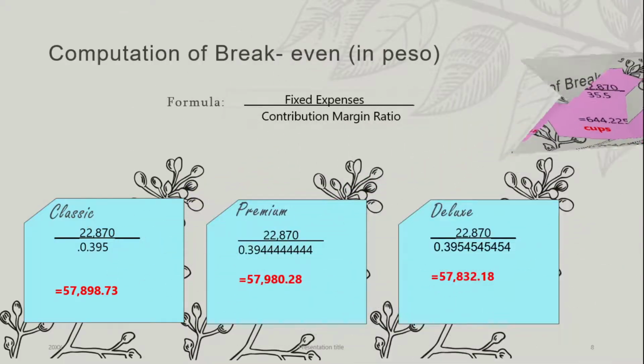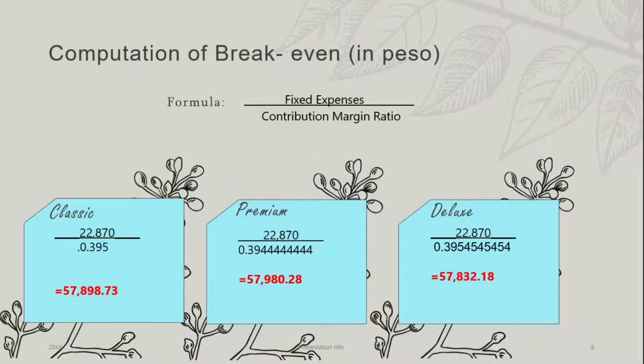So to get the break-even point in peso, we need to divide fixed expenses by the unit contribution margin ratio. So again, 22,870 divided by 39.50% is equal to 57,898.73. That is for Classic. For Premium, 22,870 divided by 39.44 is equal to 57,980.28.